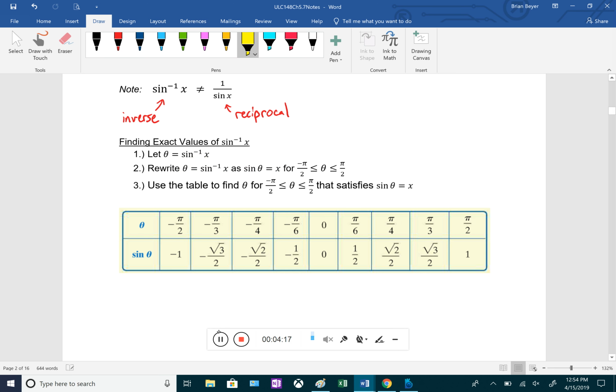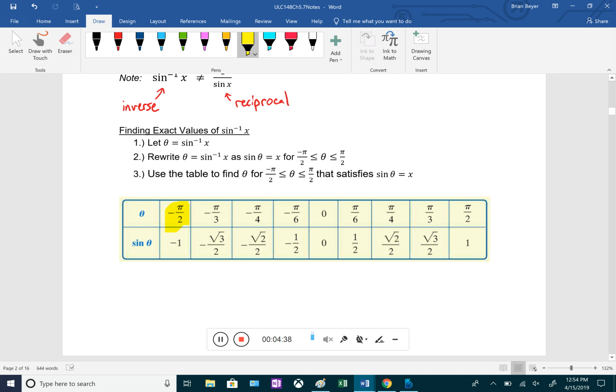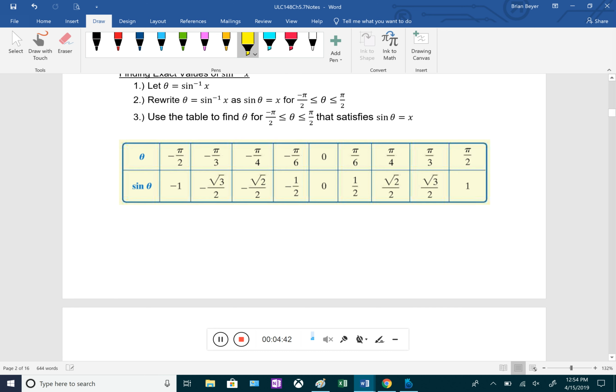The restricted domain is negative pi over 2 to pi over 2 for theta. For now, we can use this little table that we have down here. We have the theta values in the first row, and then sine evaluated at those theta values in the second row. Notice that it goes from negative pi over 2 to positive pi over 2 for the restricted domain. Let's do a couple examples here.